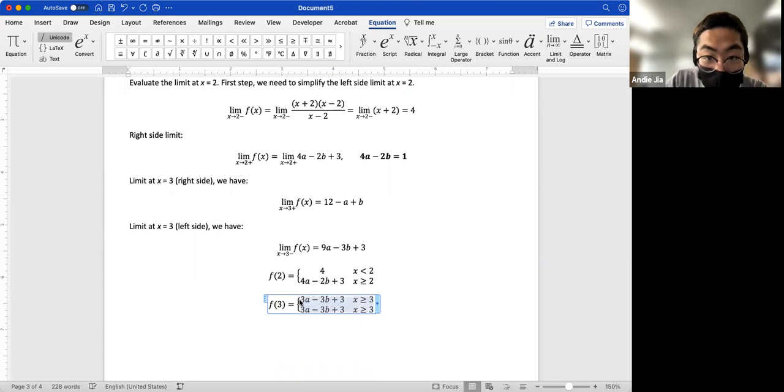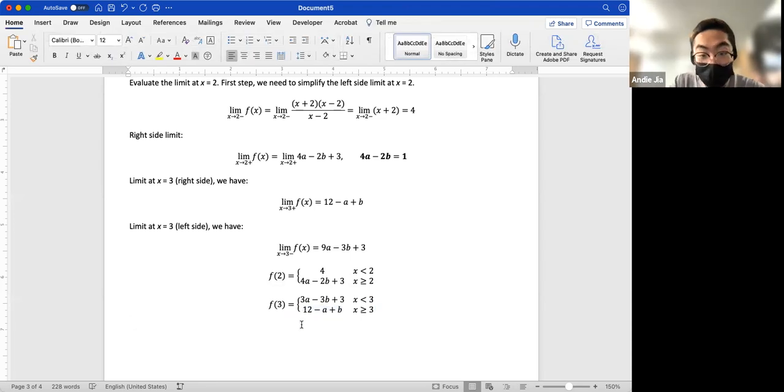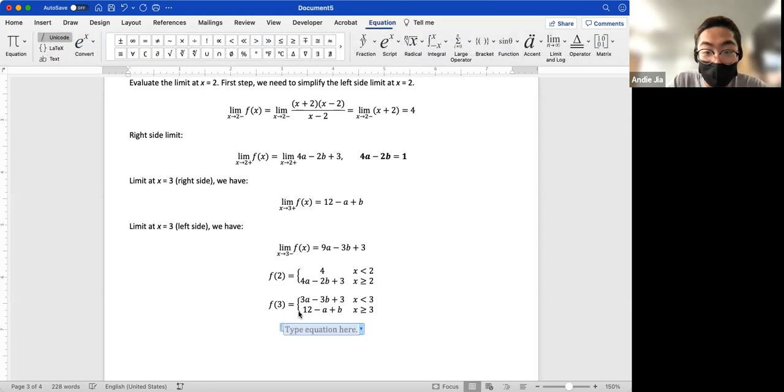Then we have this thing from the right. This is the left side, and this is the right side. The right side is 12 minus a plus b. And we need to set this kind of equation at x equals 3.